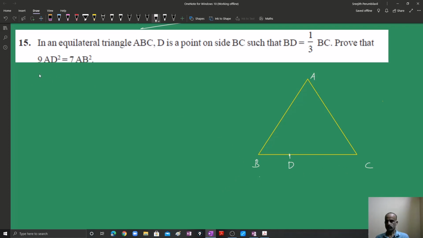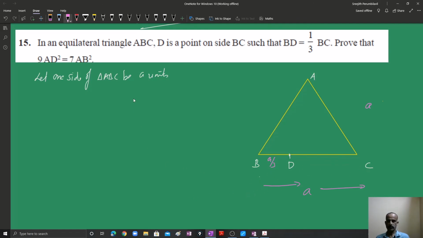So let one side of triangle ABC be A units. So this is A, this is A, the entire. BD is 1/3 BC. So this is A by 3.